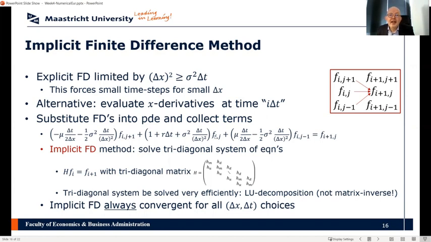because the function f_i,j+1 appears in the equation sitting above and below this. So I am solving a linear system of equations where, if I take all these f_i,j values and stack them together in a vector, then for some matrix H, the matrix H times f_i is equal to f_i+1.